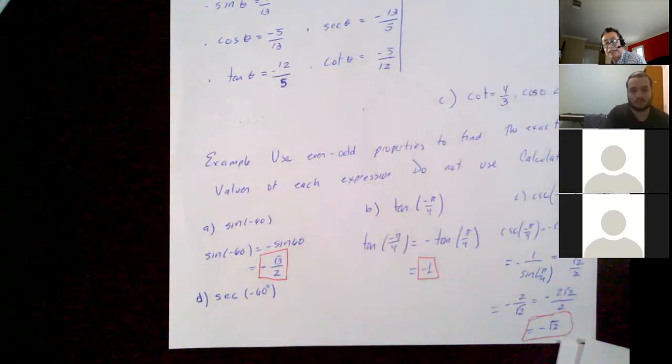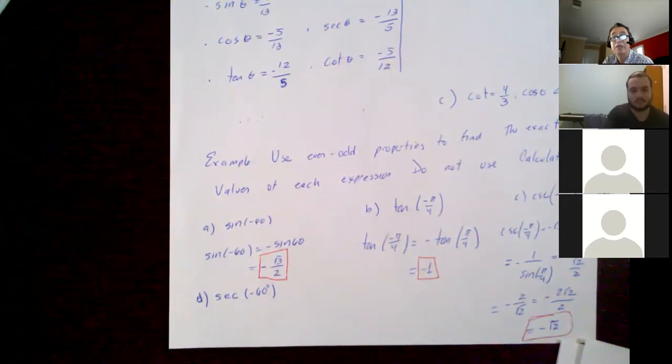Well, is secant an even function or an odd function? Can we get secant from the unit circle? We can use the reciprocal of the secant. What is the reciprocal of the secant? Well, we can use all those tricks, you guys.